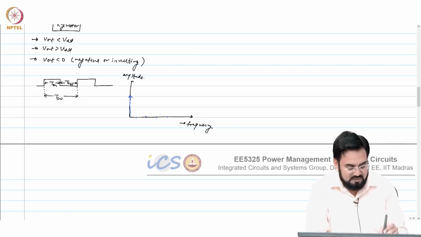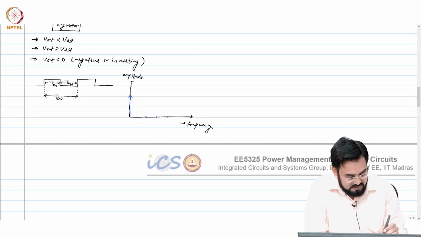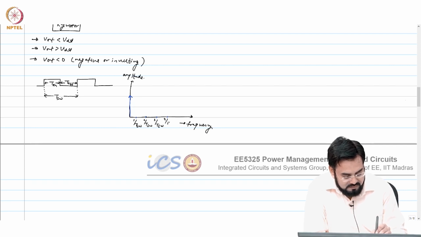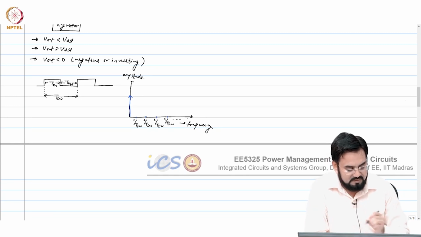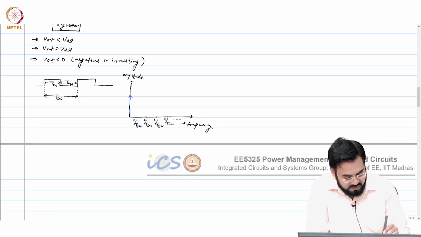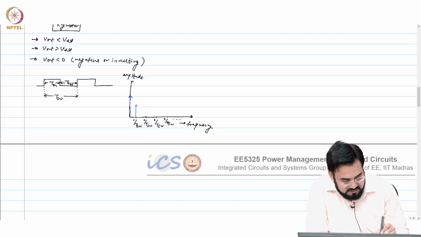So your 1 over TSW, then 2 over TSW, and so on. So which one will be the significant? DC will be the largest, and the rest of the harmonics will have a smaller component. So it may be like this.